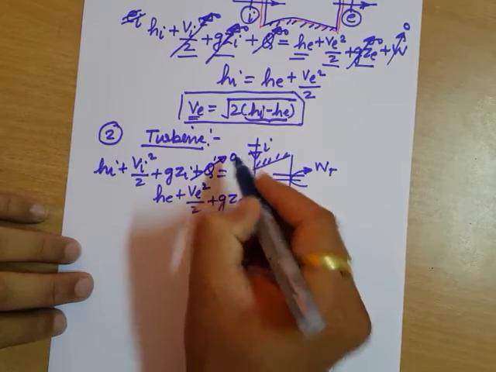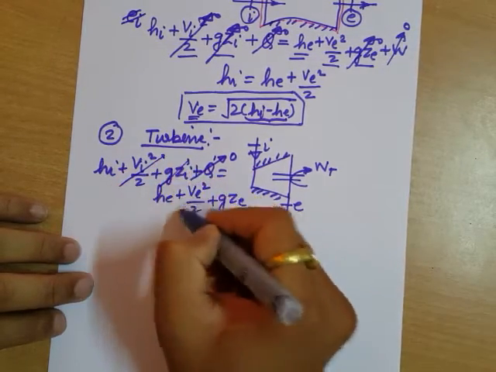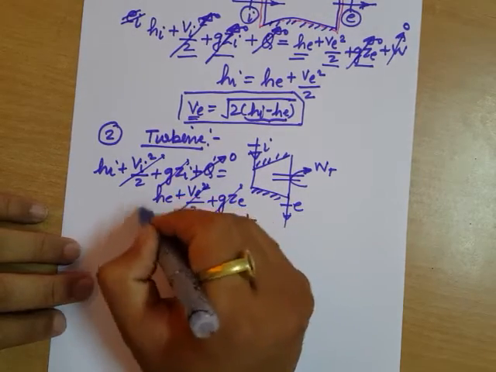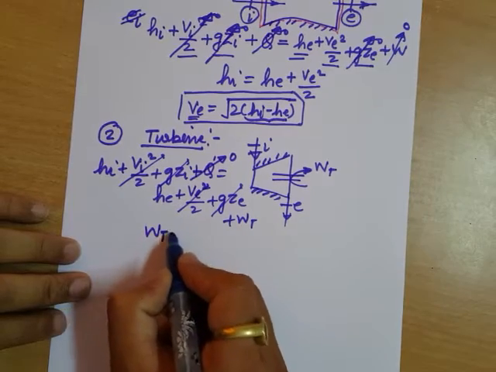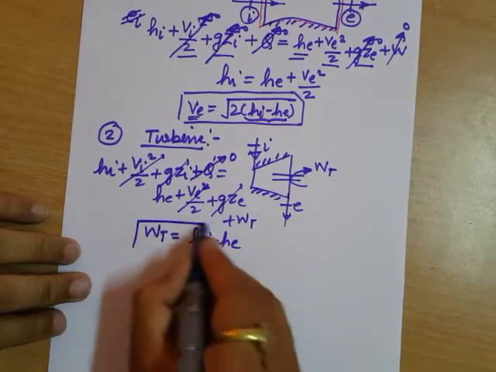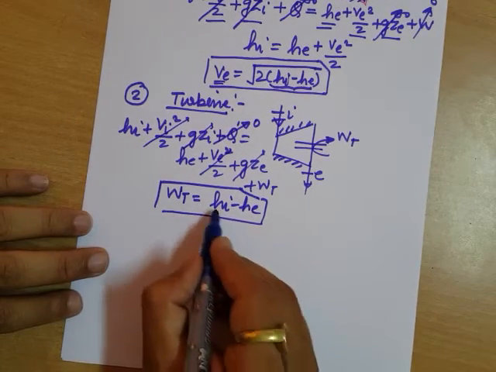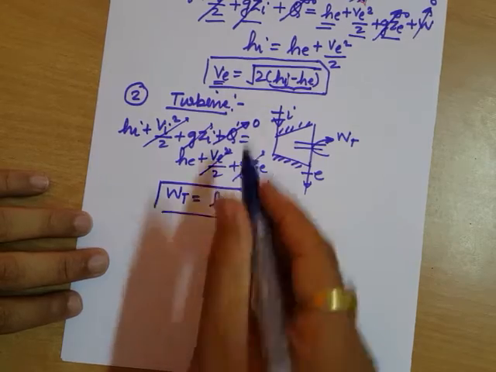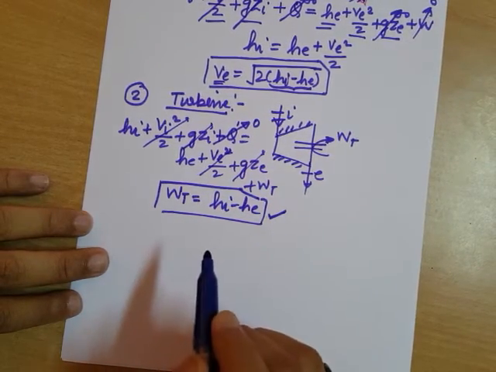Now this is perfectly adiabatic, so Q will be 0. Neglecting changes in kinetic and potential energies, as they will be of lower magnitude than enthalpy, we will get WT equal to hi minus he. That is, in a turbine we get work at the expense of enthalpy. Enthalpy decreases, or pressure decreases, and because of that we get turbine work.